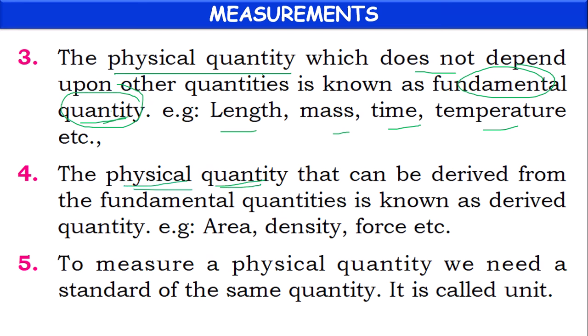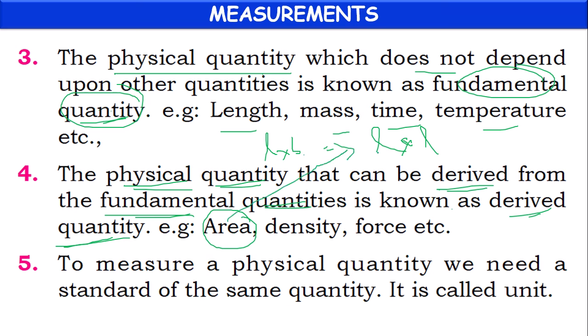The physical quantity that is derived from the fundamental quantities is known as derived quantity. Suppose area is there. The formula of area is length into breadth. Breadth is another length. So area is depending upon fundamental quantity length.